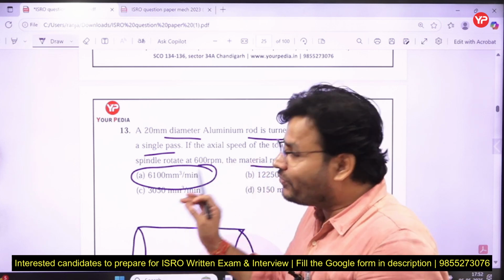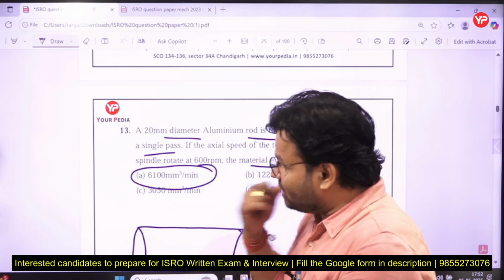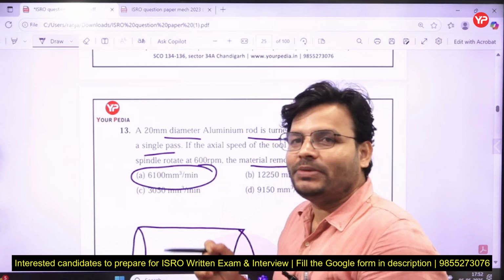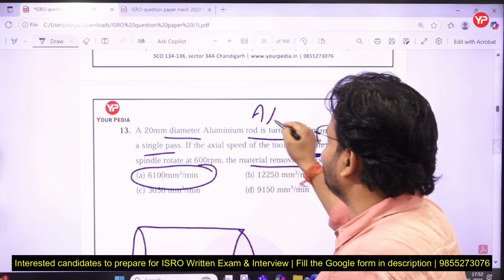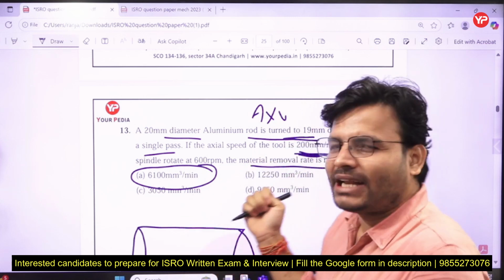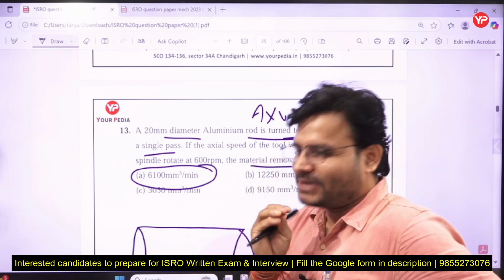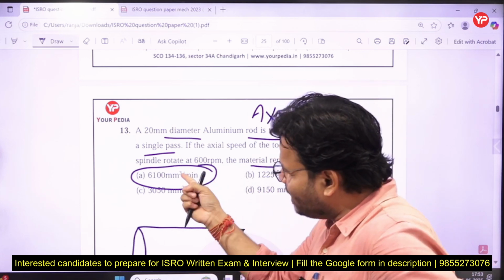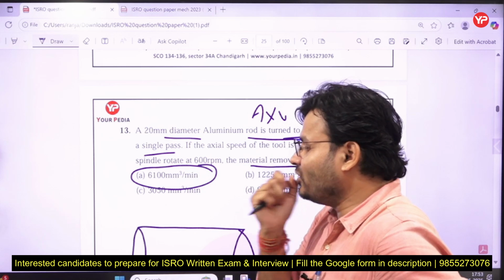Sometimes you don't know the formula, but through the options we can think, all options are mm cube per minute.